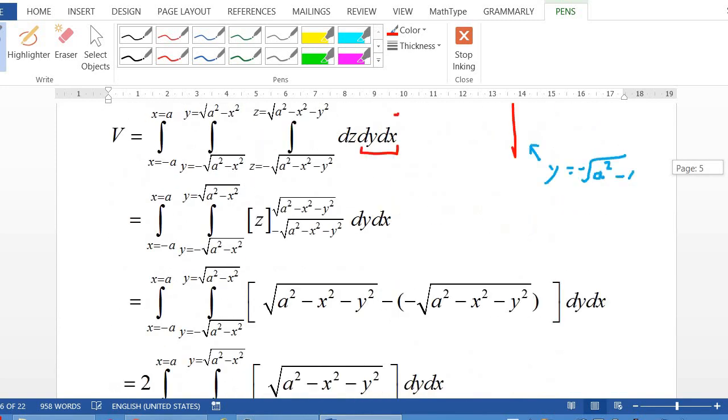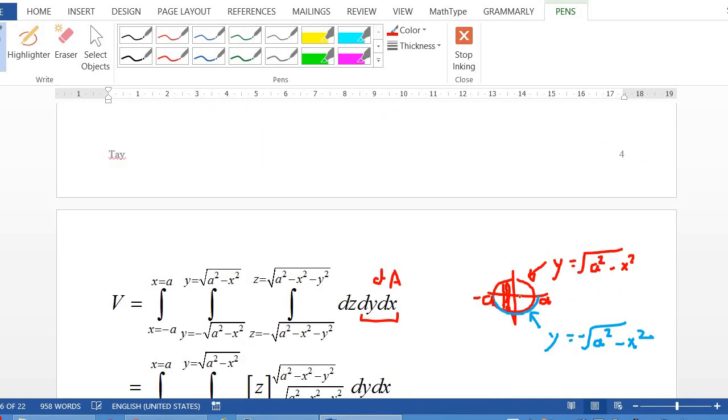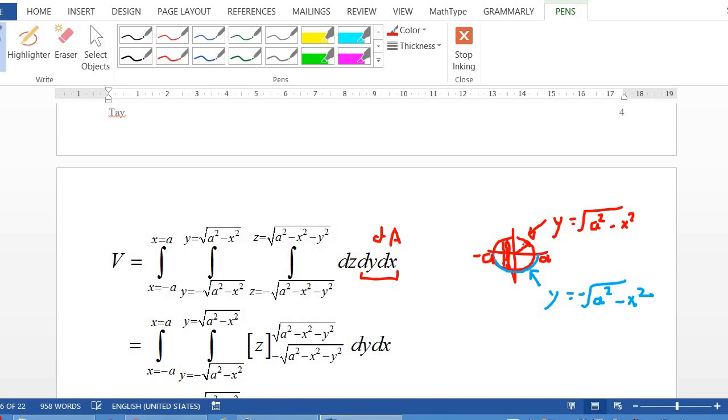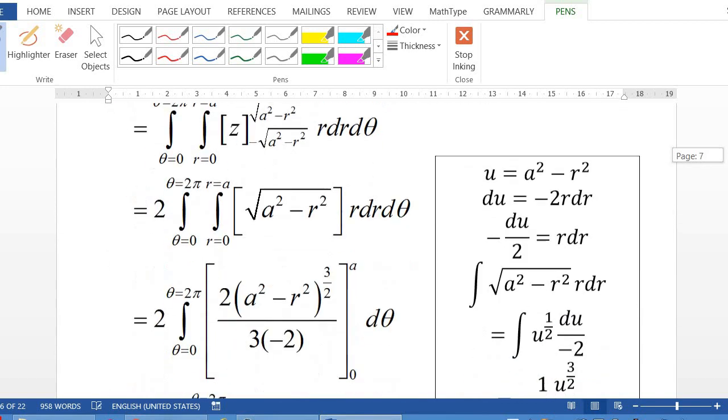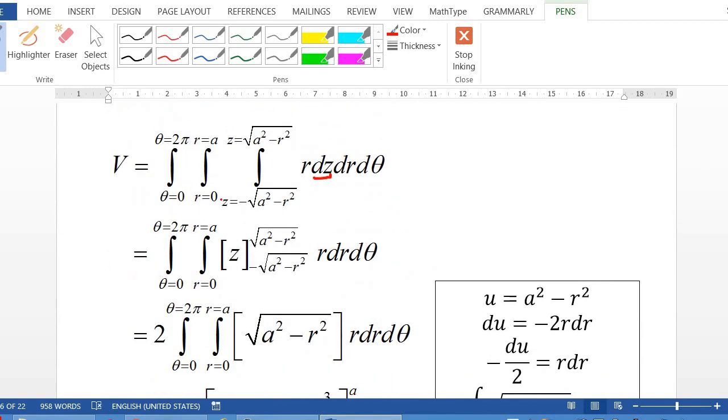Just now we have the full circle. That's why r goes from 0 until the radius of the circle, 0 to a, and because it's a full circle, theta goes from 0 to 2 pi.